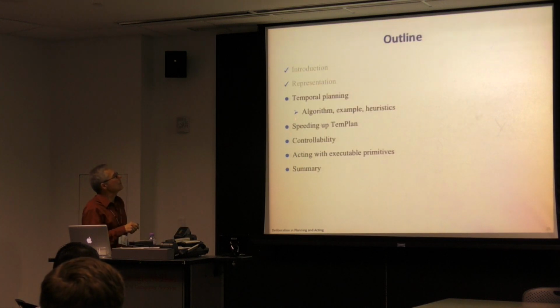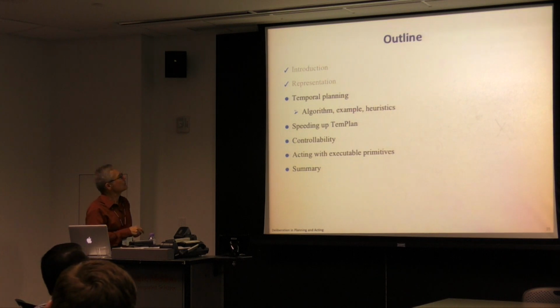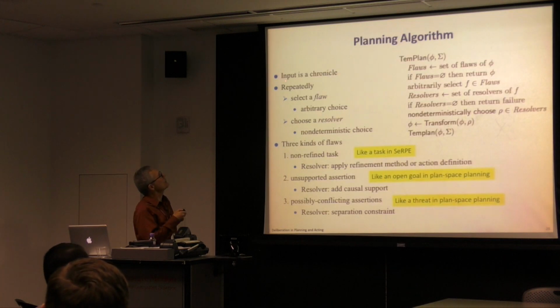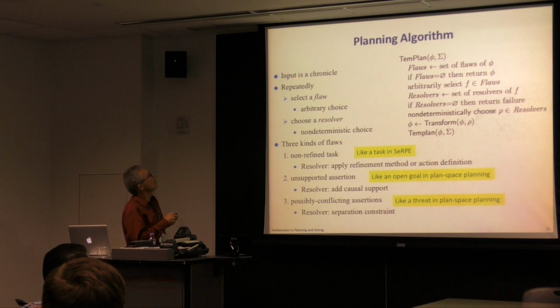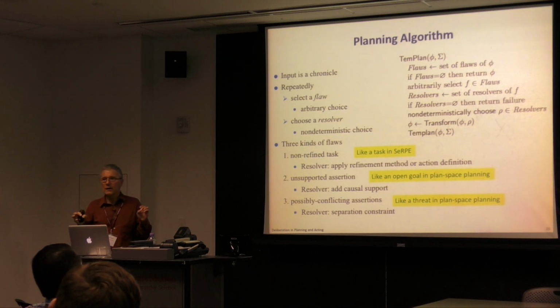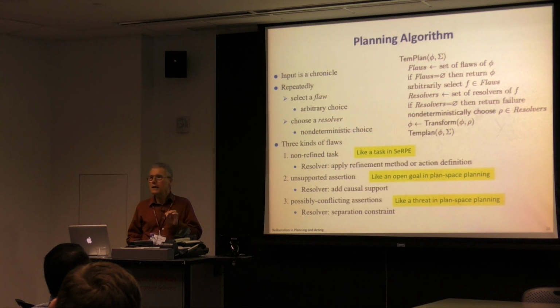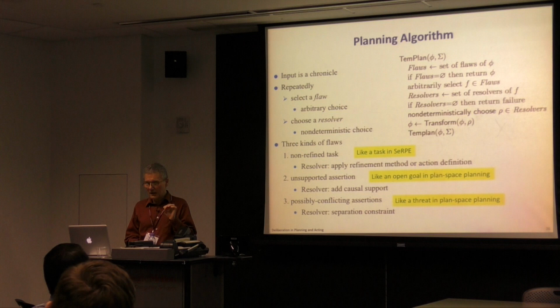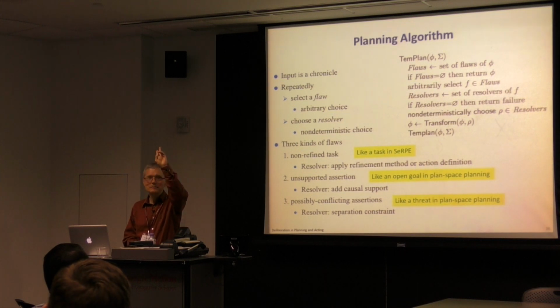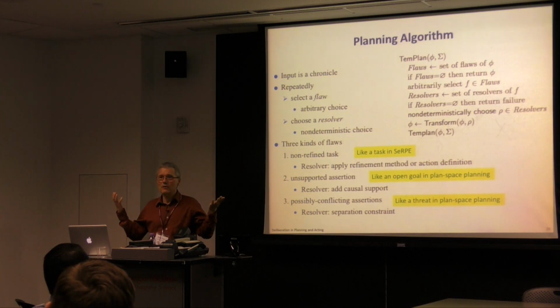All right, so next I'll talk about an algorithm that handles this stuff. That's called Templan. The input to it is a chronicle. An analogy here, again, to partial order planning. If you have a partial order planning algorithm, what is the input to it? Anybody? Yeah, it's sometimes called a dummy plan.